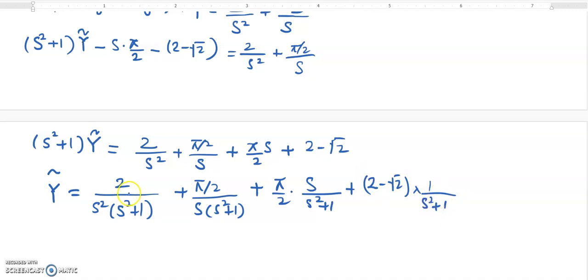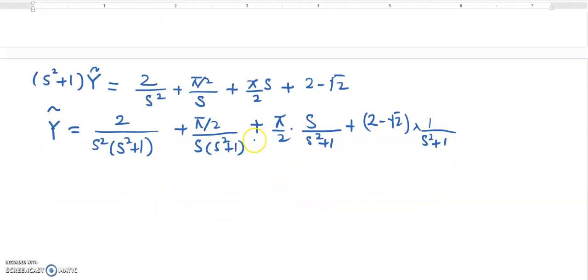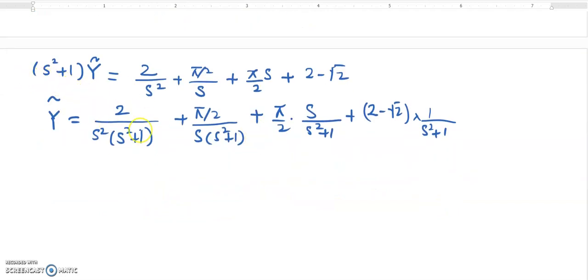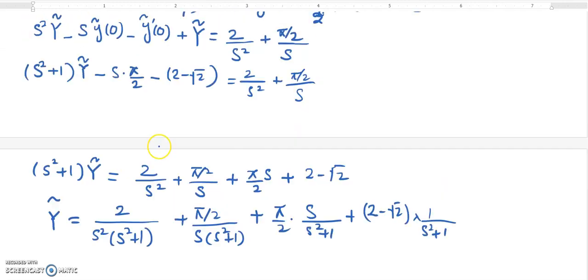So we have this term. This is the expression we found in terms of Y, and then we can recognize some of these terms. This one is from a previous example we have done, if you remember.